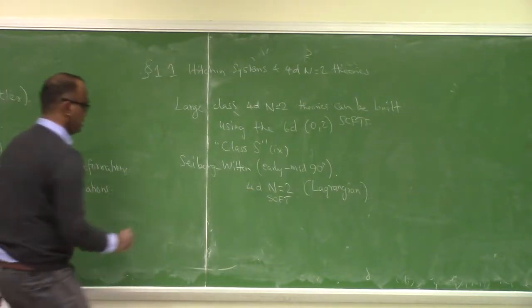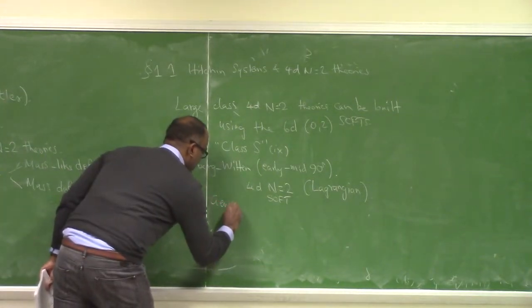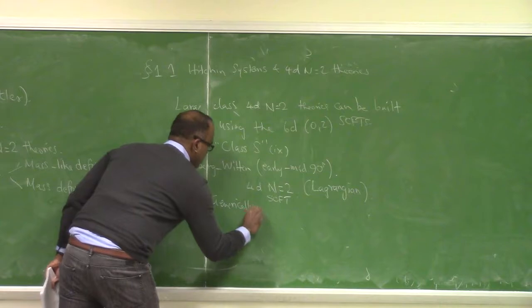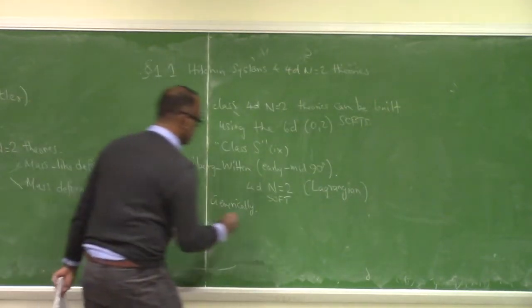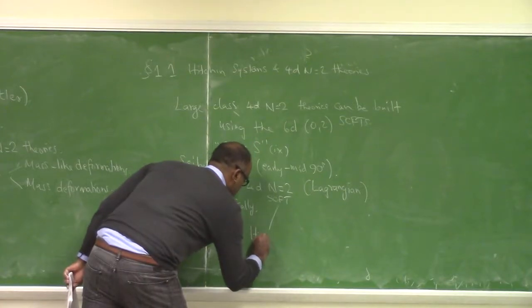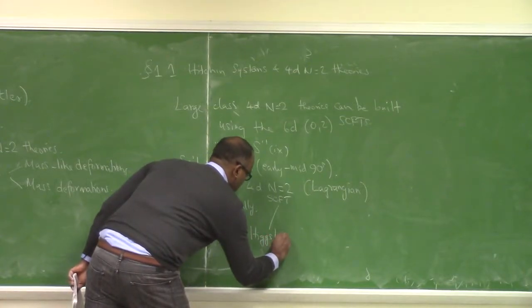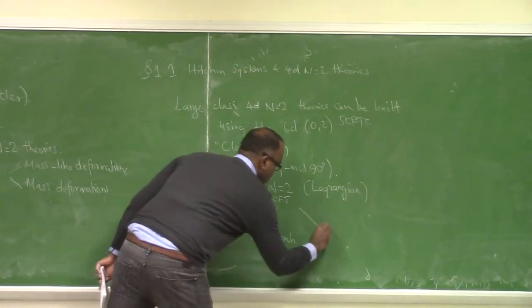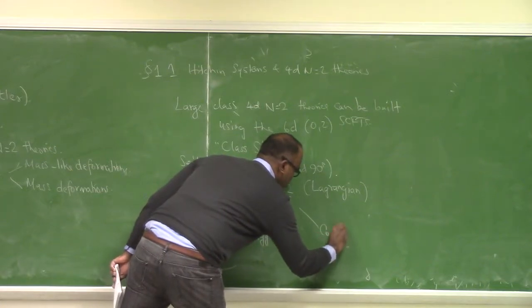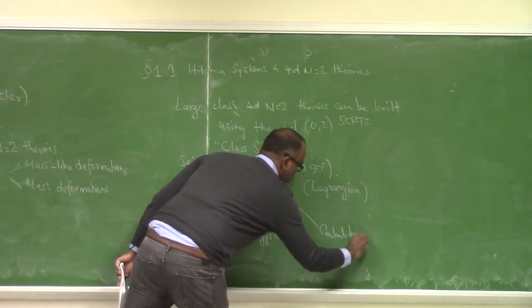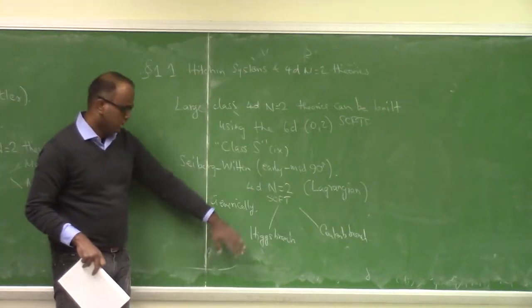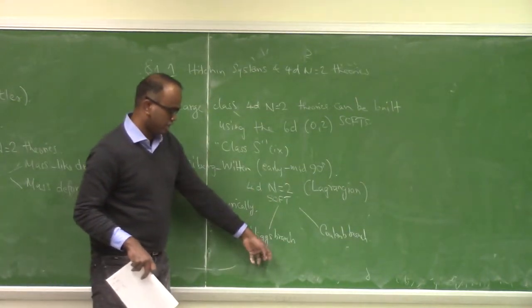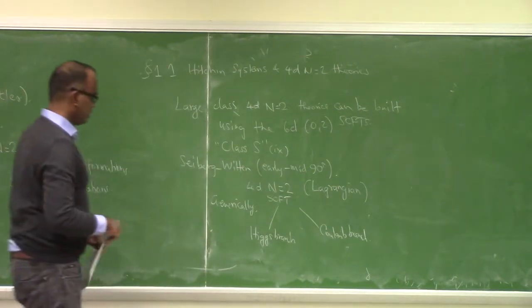Then generically there are at least two moduli spaces of vacua associated to these. One is what's called a Higgs branch, and another called a Coulomb branch. If I drop the assumption that this is conformal, you might have theories that don't have a Higgs branch but only have a Coulomb branch.